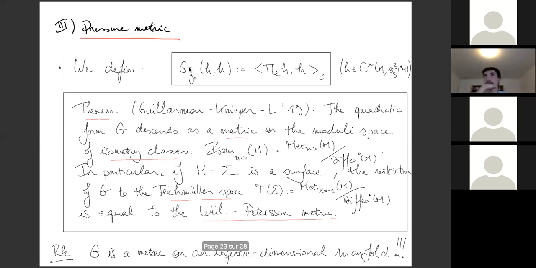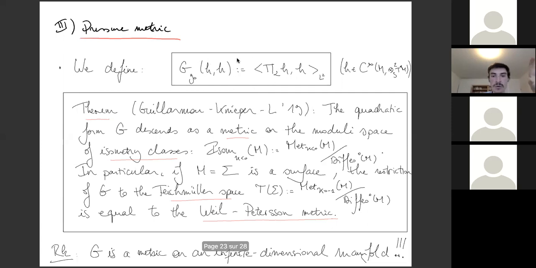Because remember that solenoidal tensors are a local representation for isometric classes. What does it say? Well, it says that this quadratic form G here descends as a metric on the moduli space of isometric classes, namely the set of all metrics on your manifold that you quotient by the action of the group of diffeomorphisms.